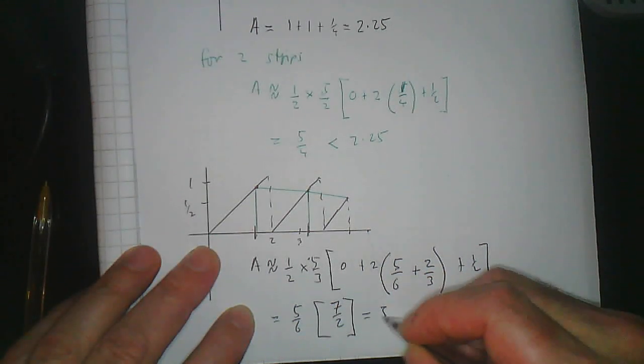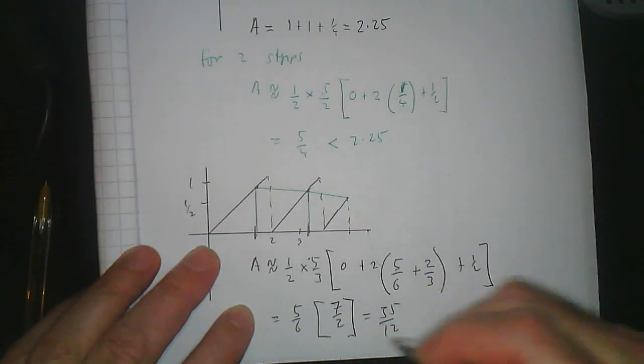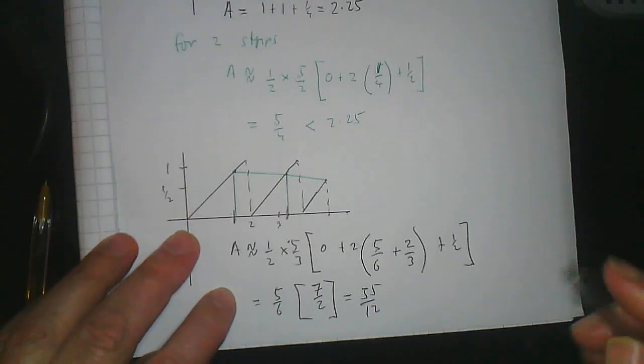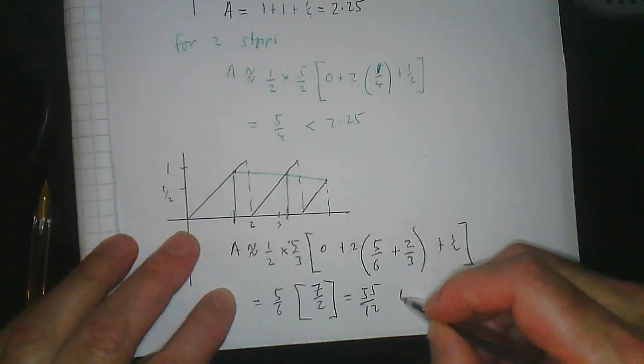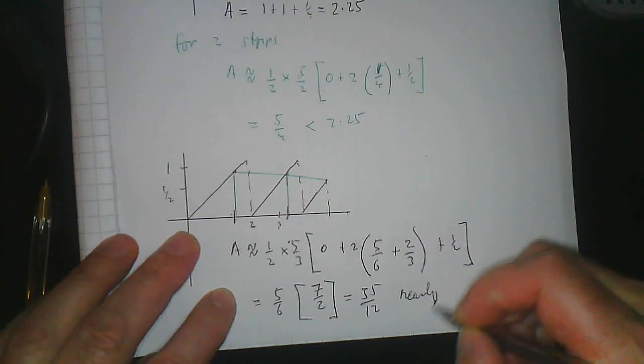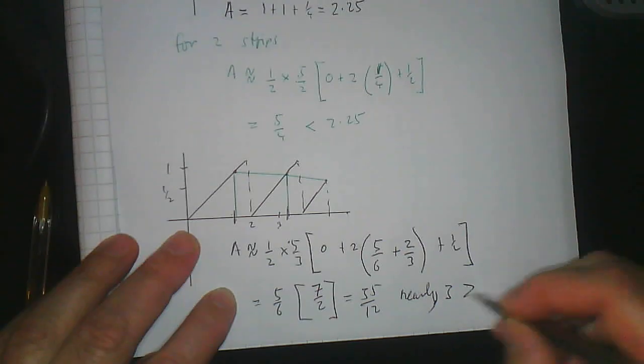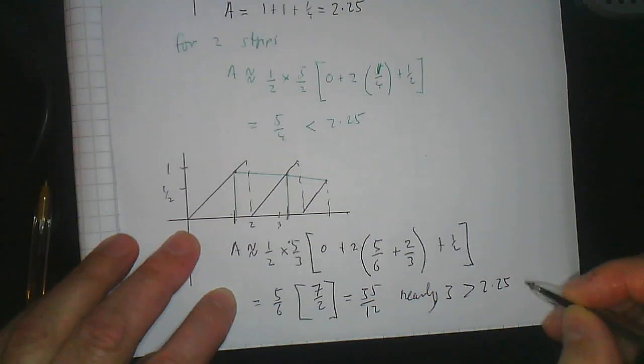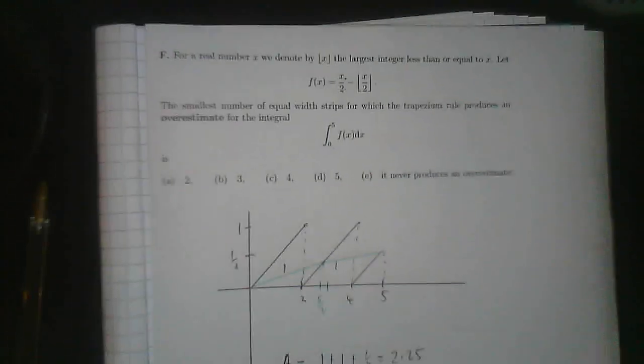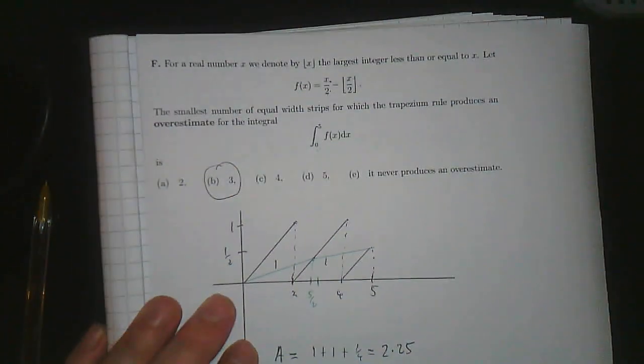This equals 35 over 12. That's nearly 3, which is clearly bigger than 2.25. So the answer then is 3. And that's it.